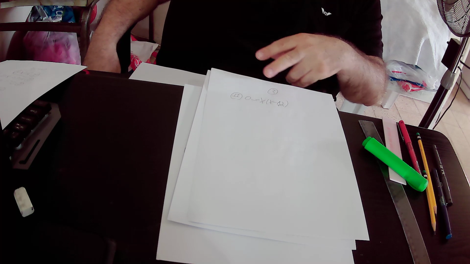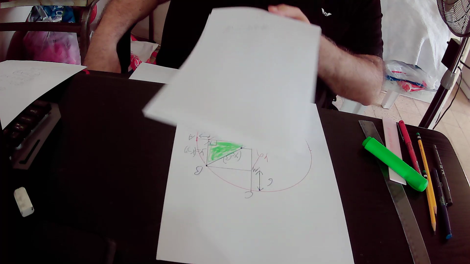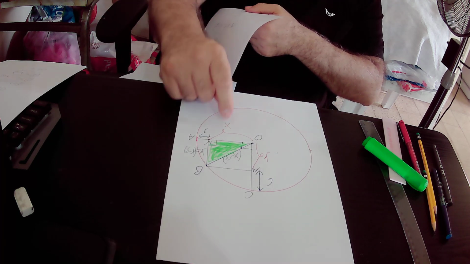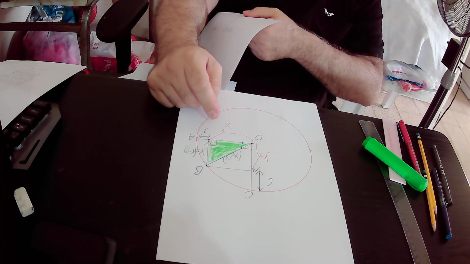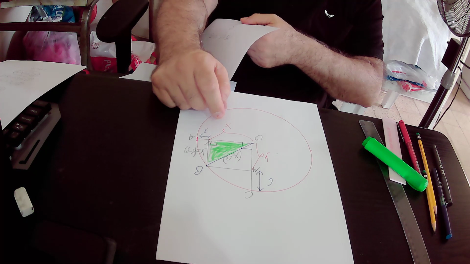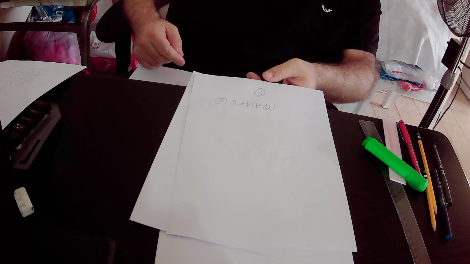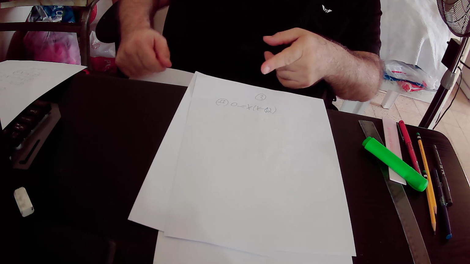The first solution, x equals 0, is incorrect because x is the size of the side of the rectangle and it can never be 0, it must be a positive number, so x equals 0 is incorrect.